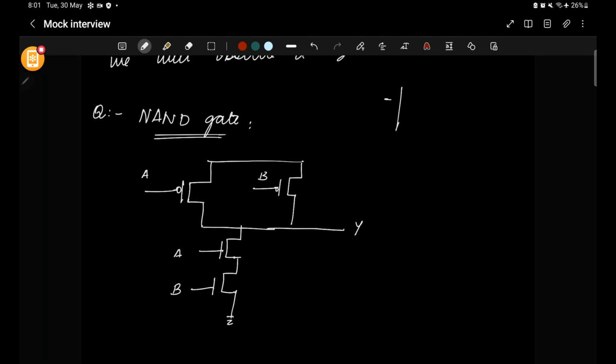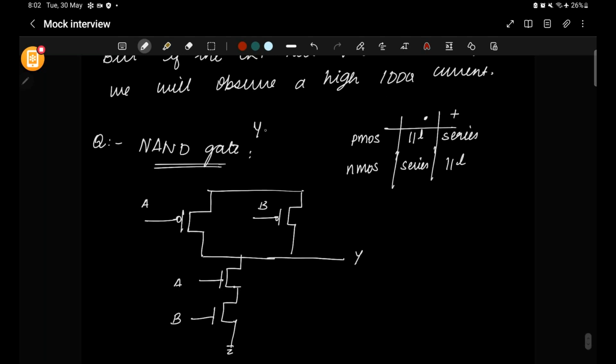So how have we arrived at this? This rule we have to follow: dot and then plus. If it is PMOS and you have a dot in the expression, then you have to connect it in parallel. Plus means you have to connect it in series. NMOS is just the opposite: here you will have series and here parallel. So NAND gate is Y equal to A and B whole bar.